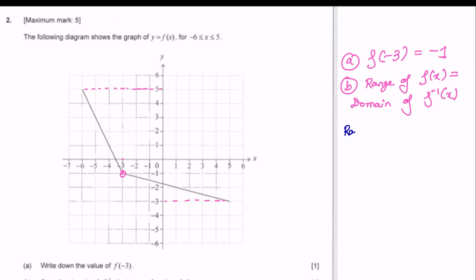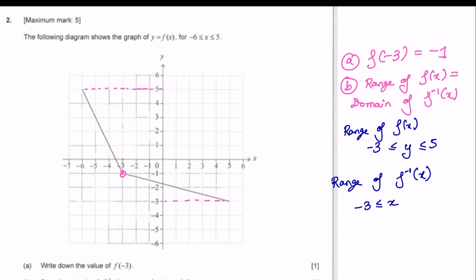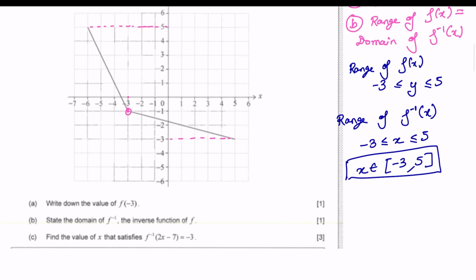So we'll write it like this: the range of f(x) is y less than or equal to 5, greater than or equal to -3. So the domain of f inverse x will be -3 less than or equal to x, less than or equal to 5, right? Or I can write it as x belongs to [-3, 5]. This is the answer to part B.